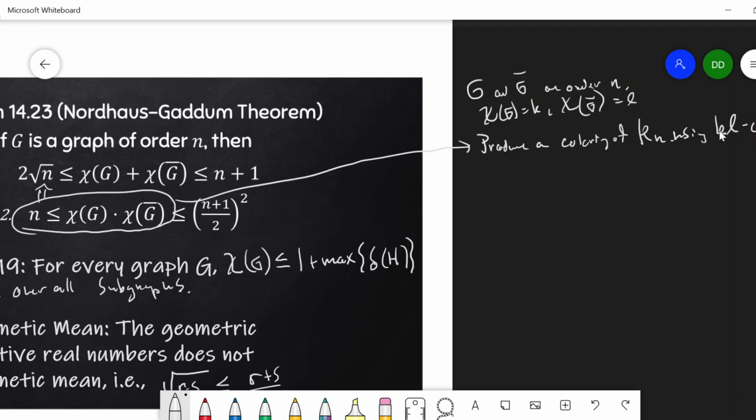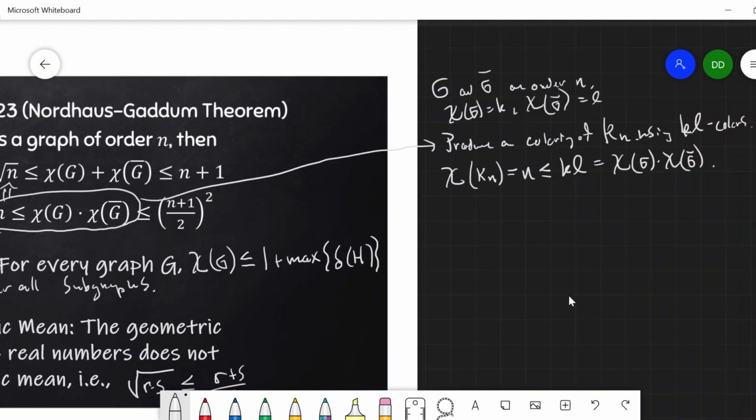That many colors, k times l many colors. From which it'll follow, right, that the chromatic number of Kn, which we know is n, is at most k times l, and that is the product of the chromatic number of G times the chromatic number of G complement. So that's the idea, is we need to produce a coloring of Kn using kl colors.